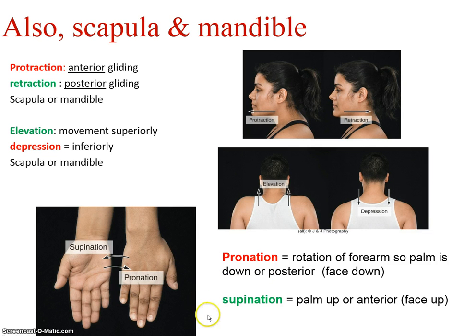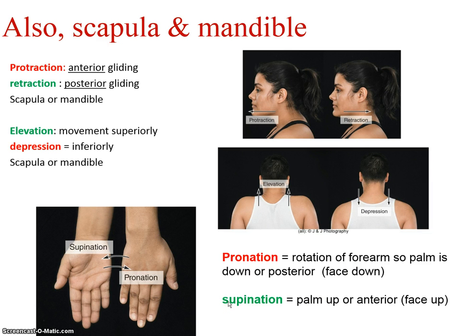When you are supine, you're on your back. So when we're in anatomical position, a movement that we call pronation is to rotate the forearm, right, through that pivot joint, so the palm is down, so face down. And when you supinate, you are resetting it. So again, we use the term supine, we're talking about on your back, and you can see how that would work.